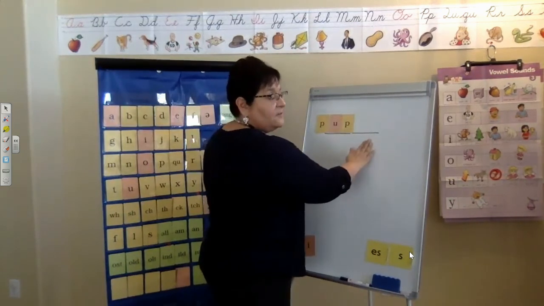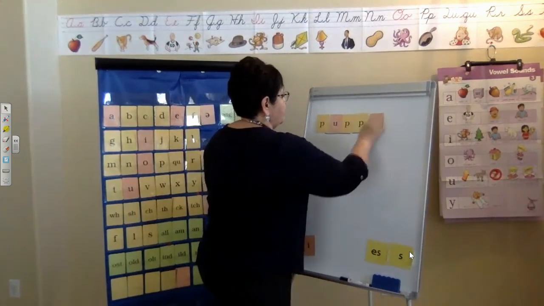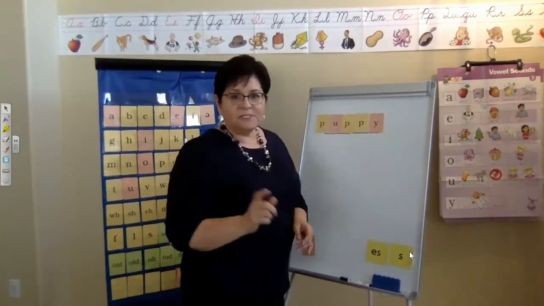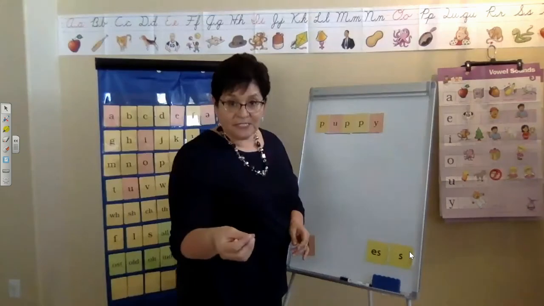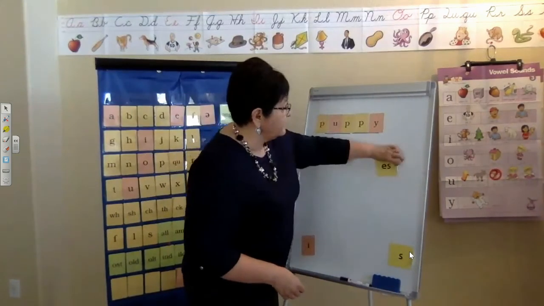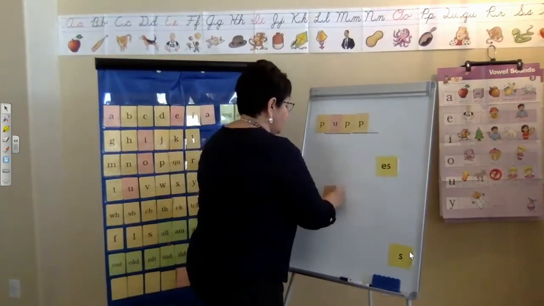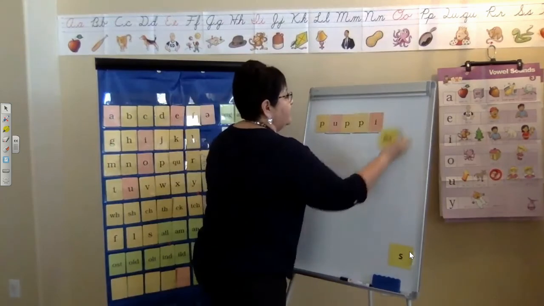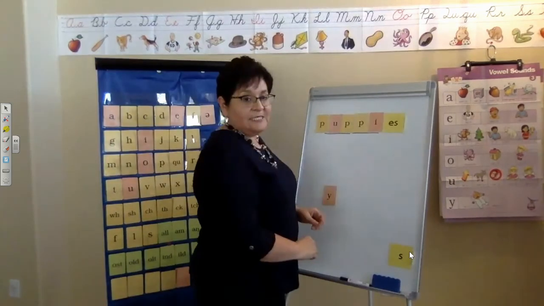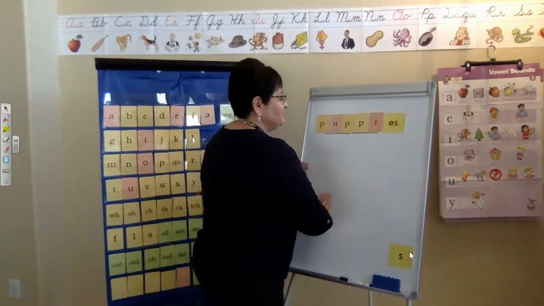Second syllable, P. What was the whole word? Puppies. So how am I going to change this so I can add my suffix ES? That's right. Drop the Y, change it to I, add ES. Now let's read this word. Puppy, puppies.